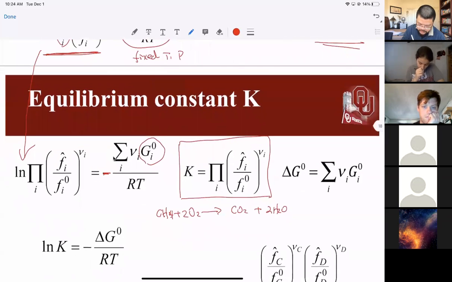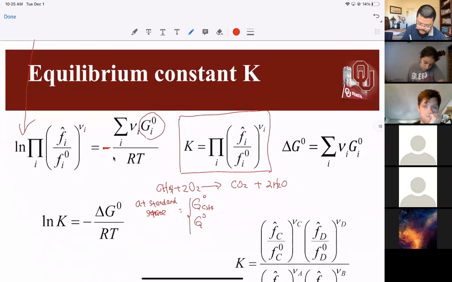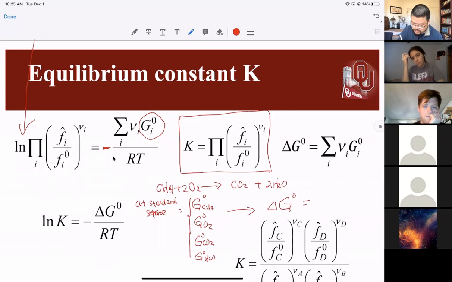Then I know at the standard state, I know this one, CO2. I also know this for water. Then you can see that I can quickly know what would be the delta G of this standard state, which is the summation of nu i of Gi naught.